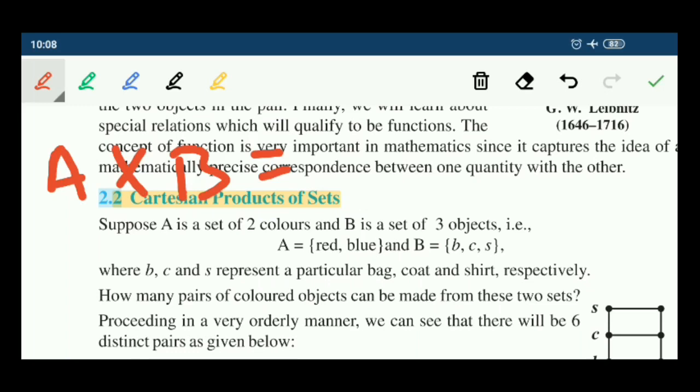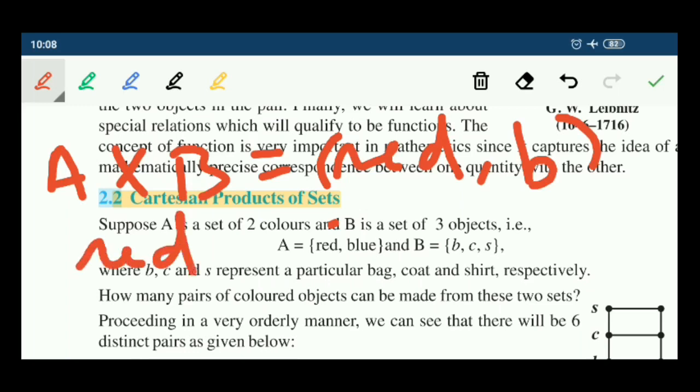First you take an element from A, red, and place it with B. This is the first pair. In the same way, red is placed with C. This is your second pair.